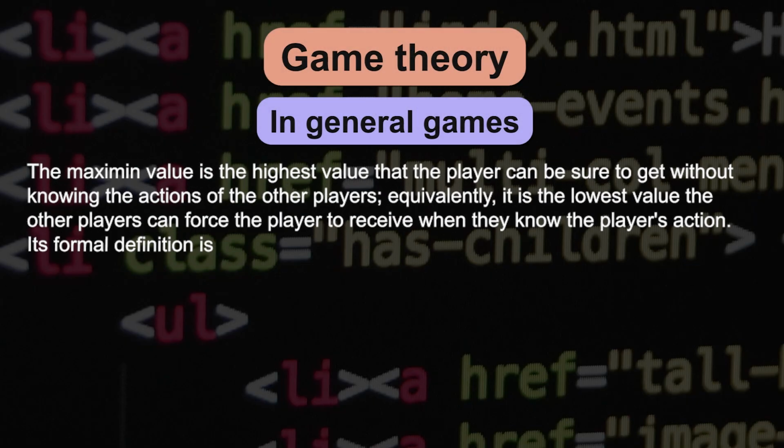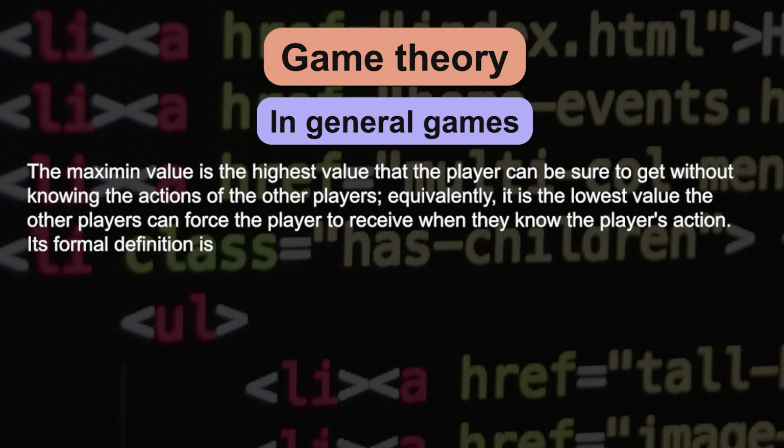In a general game, the maxmin value is the highest value that the player can be sure to get without knowing the action of the other players. Equivalently, it is the lowest value the other players can force the player to receive when they know the player's actions.